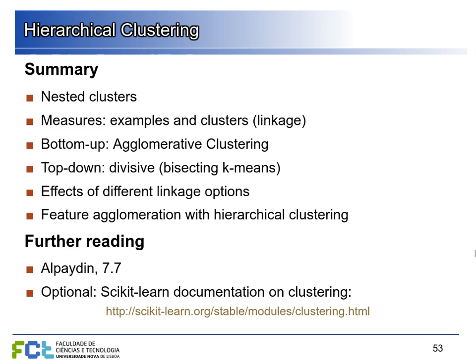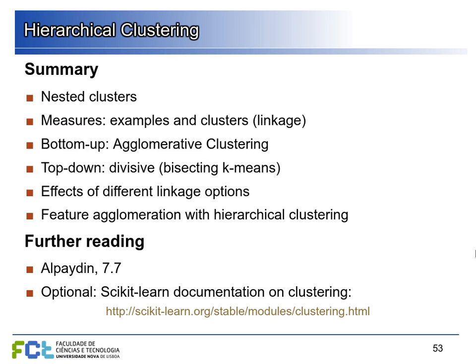So to sum up this part, we saw hierarchical clustering, this idea that we are not only clustering on the same level of the partitions, but we are nesting clusters inside each other. In order to do that, we need to be able to measure differences not only between examples, but also between groups of examples. And we saw those different linkage measures that allow us to do that.